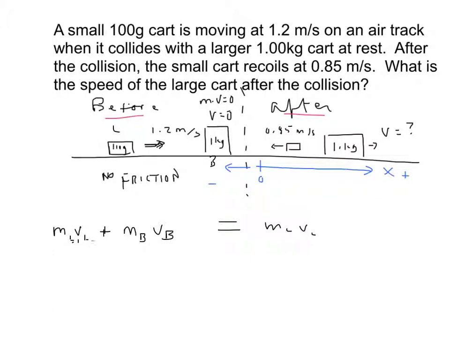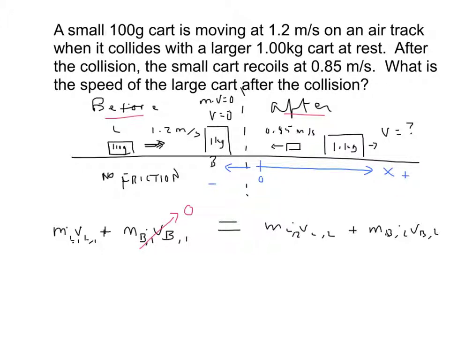This is m little 1 v little 1 plus m big 1 v big 1, equals m little 2 v little 2 plus m big 2 v big 2, and I'm using the 1 and 2 to differentiate between before the collision and after the collision. So I'm calling this 1, and this is 2 over here. So in our equation, we know that the velocity of the big item is 0, so this whole term goes to 0.